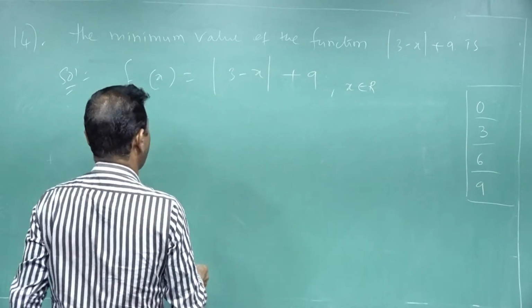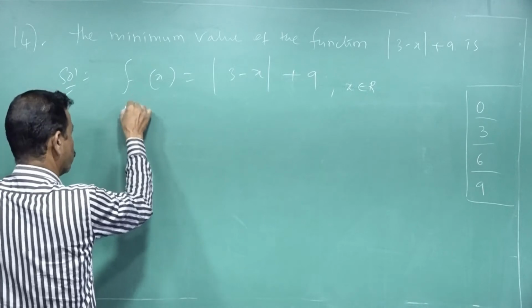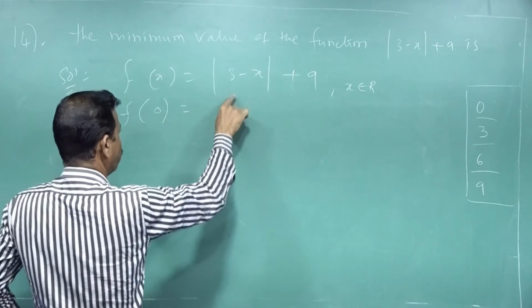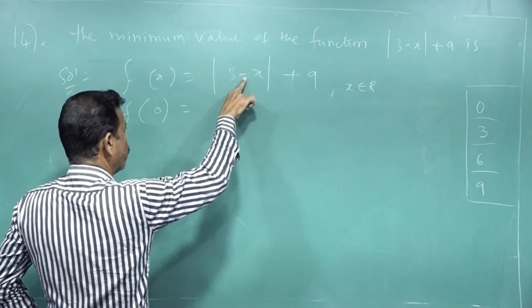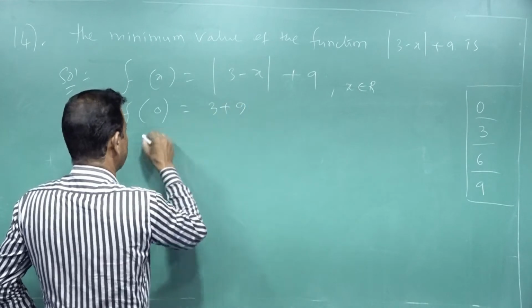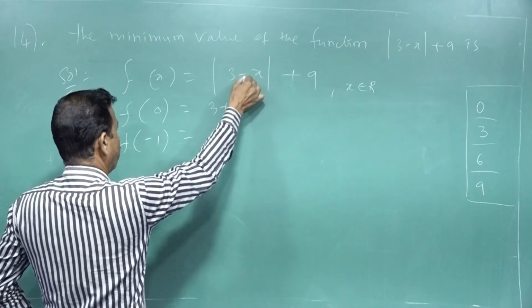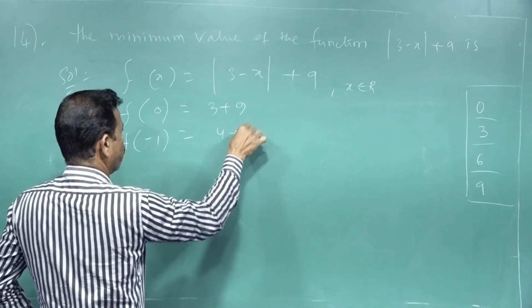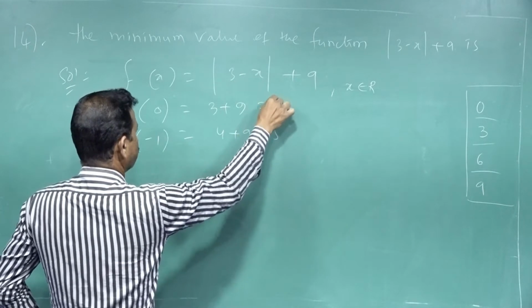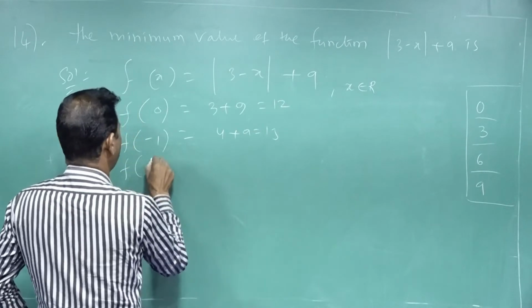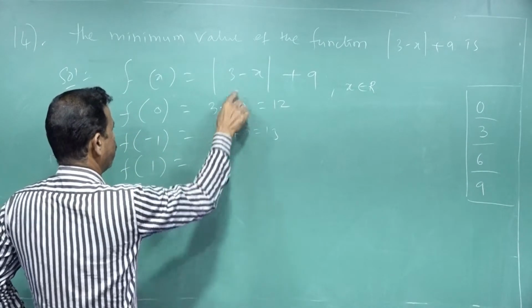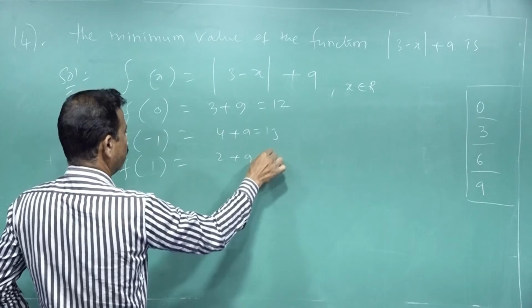Suppose we give 0: 3 minus 0 is 3, 3 plus 9 is 12. For minus 1: 3 minus of minus 1 is 4, plus 9 is 13. For f of 1: 3 minus 1 is 2, 2 plus 9 is 11.